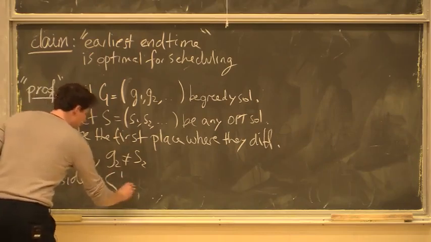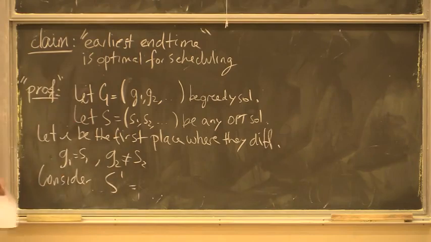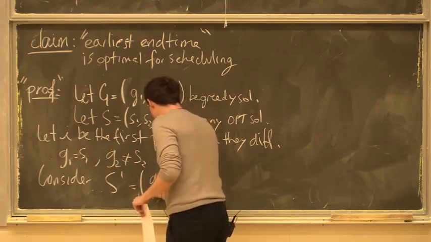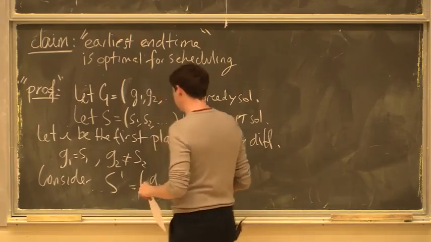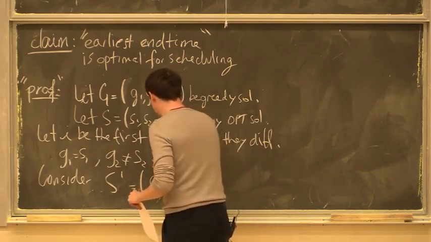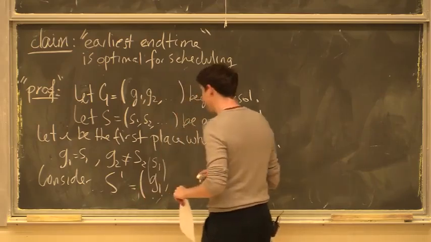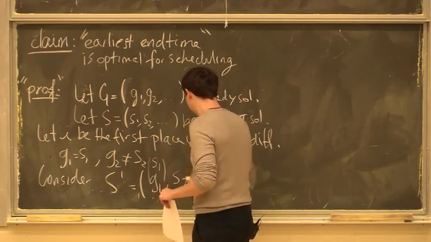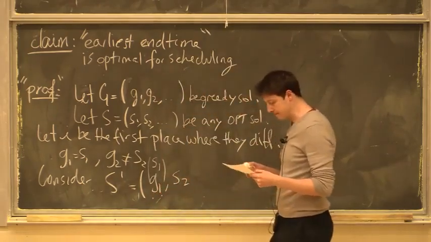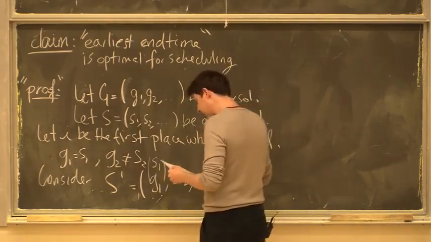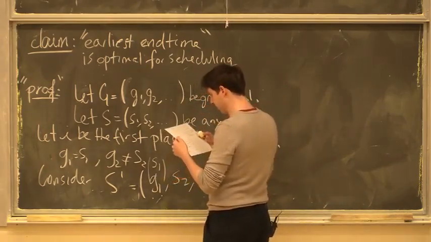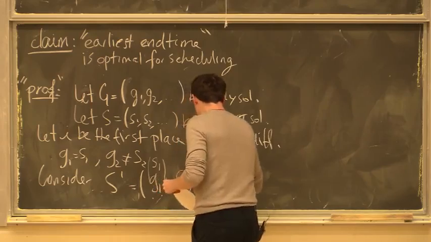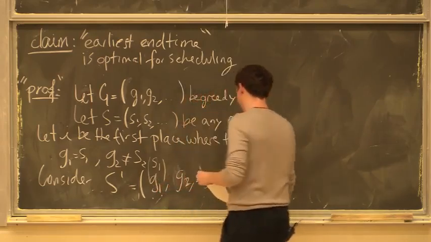Consider S prime, okay, that equals G1, which is the same thing as S1, so really is the same thing. You can just put them like that. And now, instead of putting G2, I'm going to put S2. Okay? And then I continue with, do we want to put this one? No, I'm going to put G2, sorry, and I continue with S3, S4, and whatever comes after.